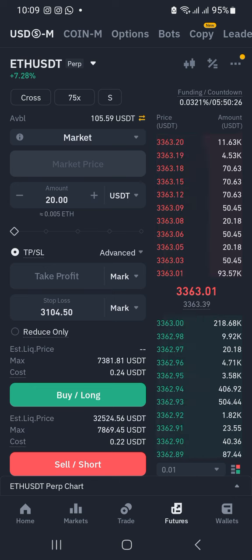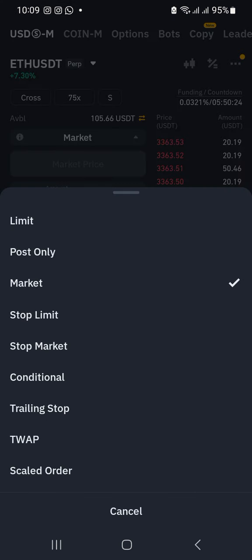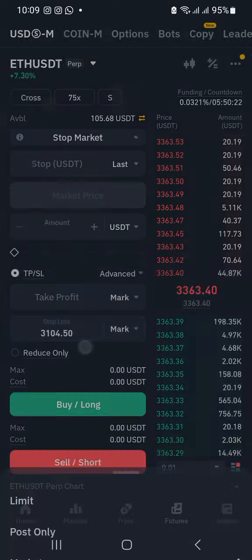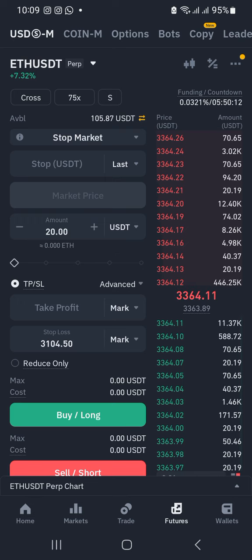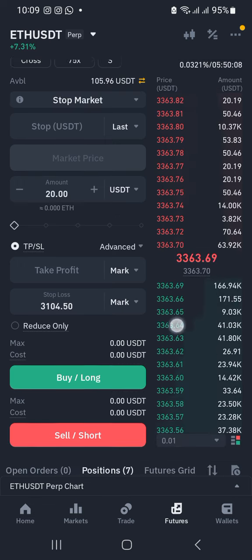Let me use something different. I want to use the stop market. It means that I'm waiting for the market to get to that level. The price is not there yet, and when the market gets to that level, then I initiate the entry. So once again, let me try. If this USDT is not enough, the system will tell me.